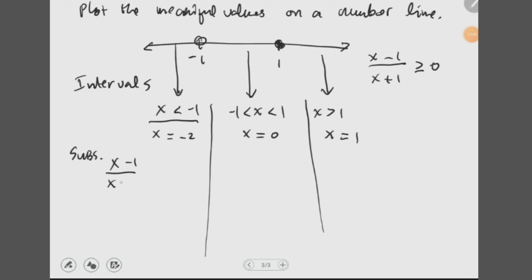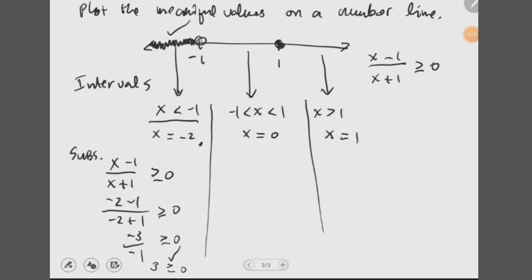Okay, so substituting our first value, which is x equals to -2, we have -2 minus 1 over -2 plus 1 greater than or equal to 0, and then we have -3 over -1 greater than or equal to 0. We have 3 is greater than 0. It means that particular interval will be part of our solution.